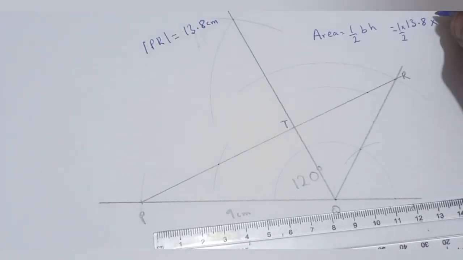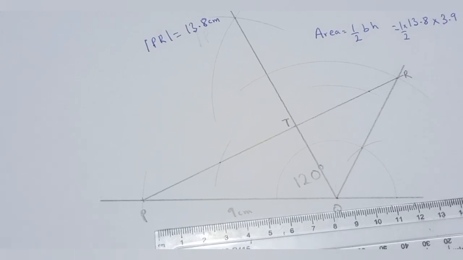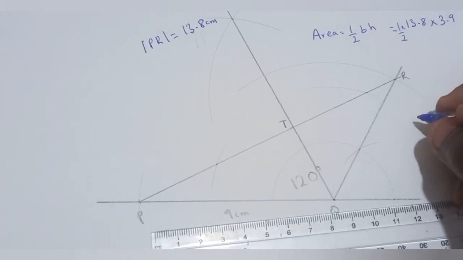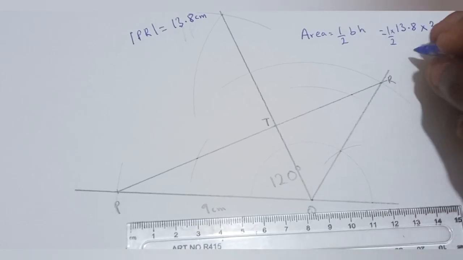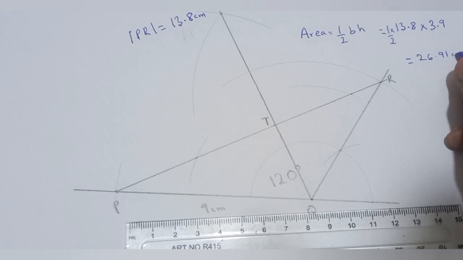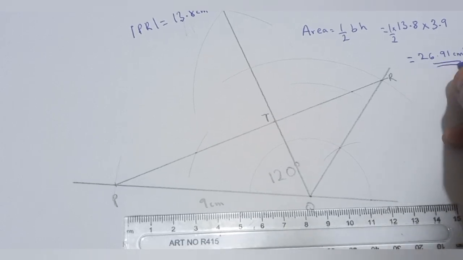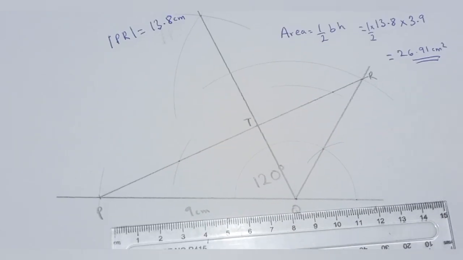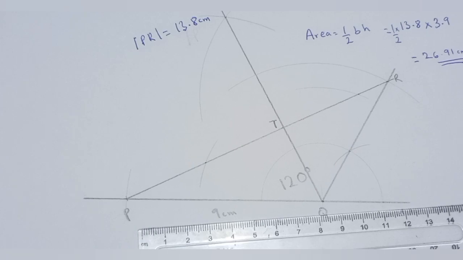So in construction, always try what you have. You might be right. So then we have the area equal to 26.91 centimeters squared. If you have a number close to this number, you can even have 27.3. That's the perfect answer for this question.